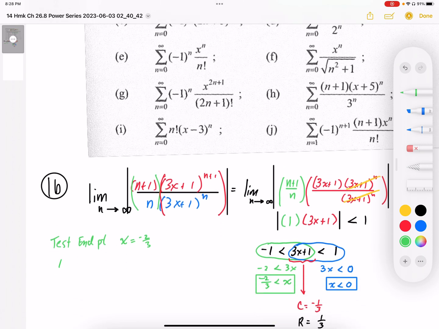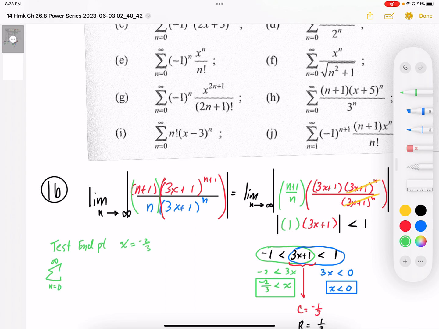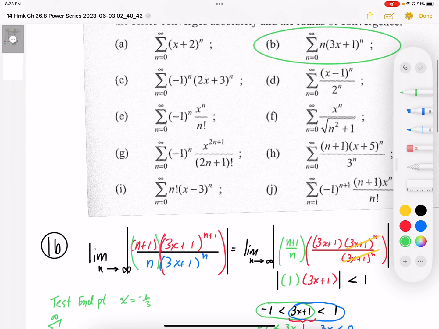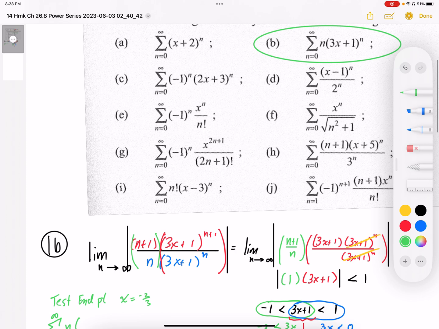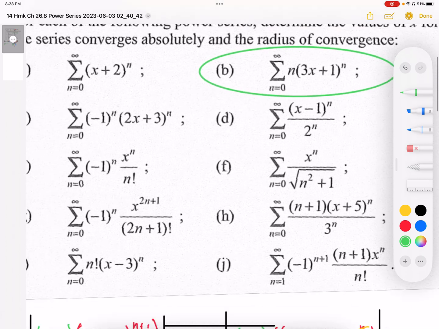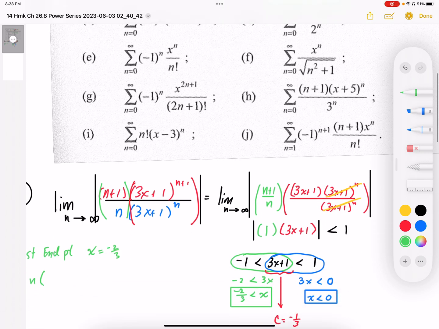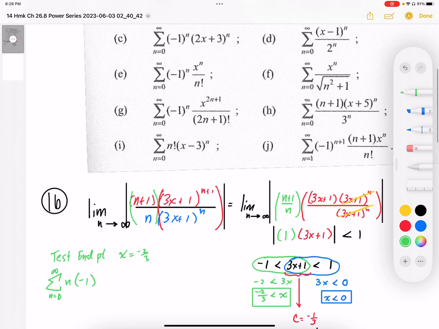So I need to see if the sum from 1 to infinity, in this case it's 0 to infinity, of n times, when I plug negative 2/3 in for the x, I get 3 times negative 2/3, that's negative 2, plus 1 is negative 1. So what I end up getting is negative 1 in the base, and then to the power n.